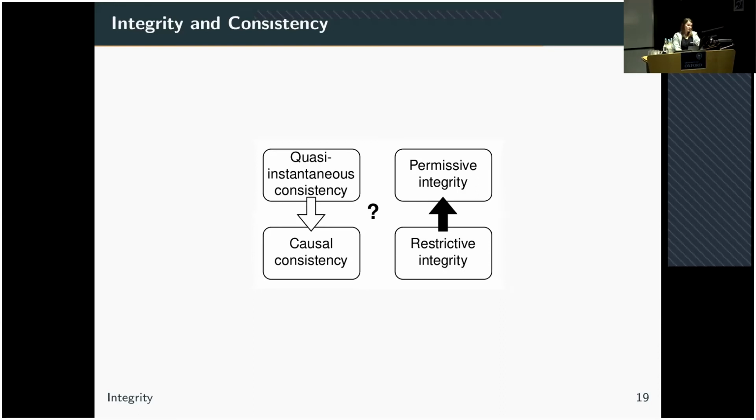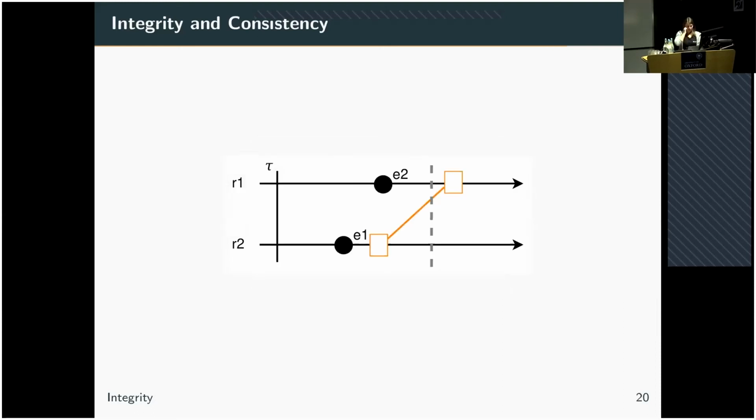So lastly, integrity and consistency are also related to each other. Let's first have a look at the relation between integrity and quasi-instantaneous consistency. Here we see a snapshot that is quasi-instantaneously consistent, because we can find a point in time at which the memory contents were coexistent in memory, for example, here, the gray line.